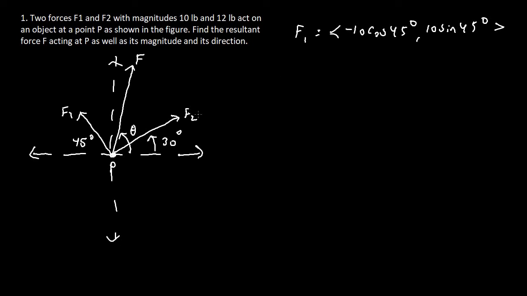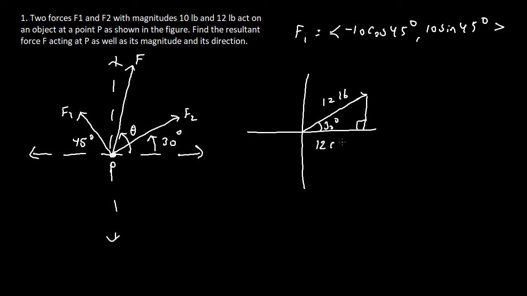So now let's go ahead and find force 2 and its components. So force 2, if I were to draw on a separate coordinate plane here, notice the x and y are both positive, and the force that's given to us, the magnitude, is 12 pounds for force 2. So the hypotenuse will be 12 pounds. Now the angle that is given to us is 30 degrees, and so the x component is going to be the magnitude, which is 12, times cosine of the angle, 30 degrees.